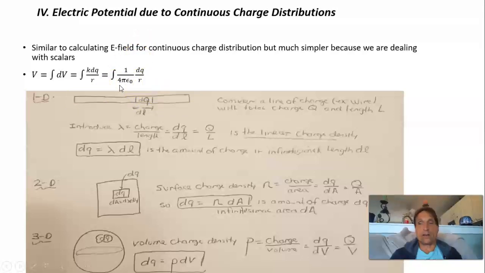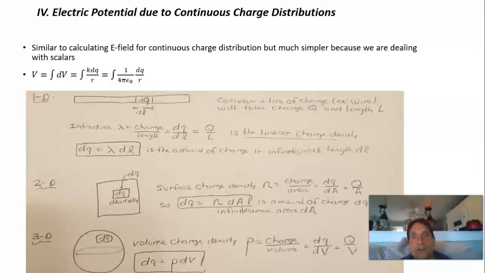In this case, the potential V due to a continuous charge distribution is the sum of all the individual contributions along the source, and that's K times dq, where dq is the little element of charge, divided by the distance of that little element from the point of evaluation.